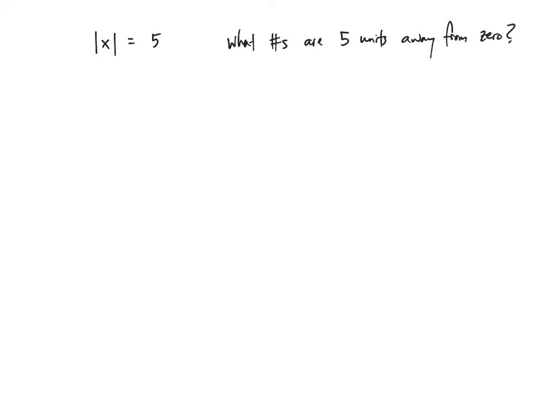And that's why there are two answers, right? x could be -5, which is 5 units away from 0 on the left side, or x could be +5, which is 5 units to the right side. So there are two possible answers there.